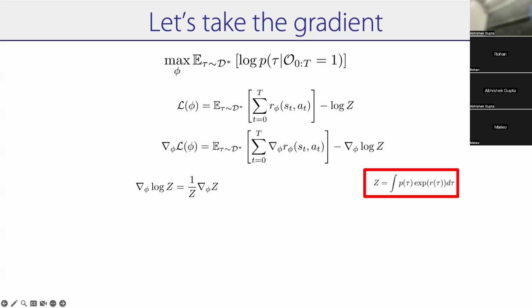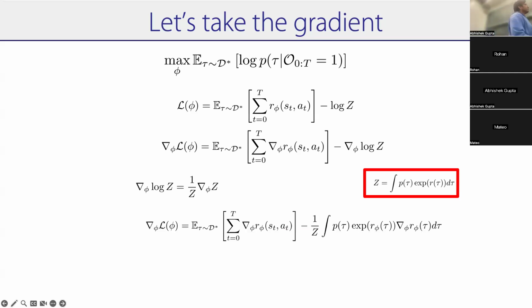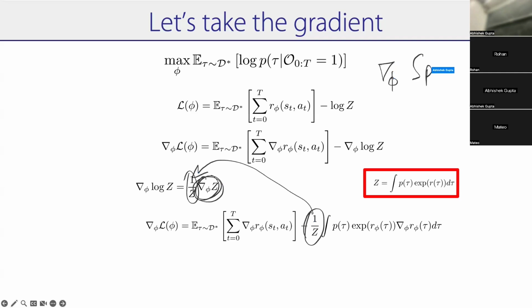Okay. And so just substituting, grad phi log Z is going to be 1 over Z times grad phi Z. Let's work out the second term a little slowly. So this 1 over Z is this 1 over Z. And now we need to find out what grad phi Z is. So if you have grad phi of the integral d tau of exp of r phi of tau, now help me work it out.